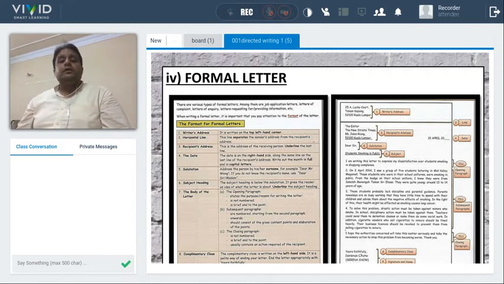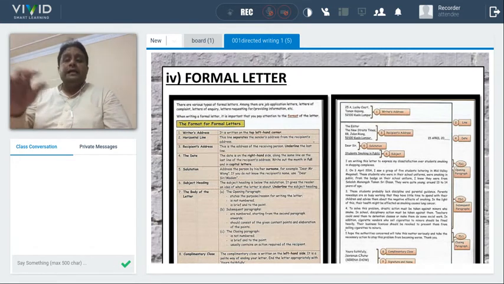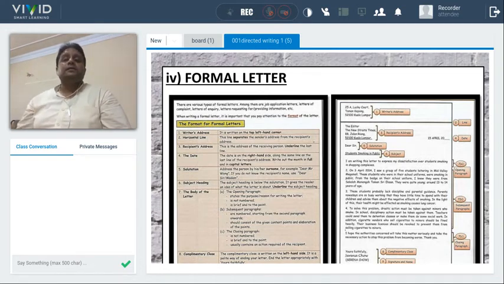For example, you may start writing the 5th paragraph, the complementary clause of your letter, in these words: I hope the information presented above will be beneficial in highlighting the problematic areas of the school library.